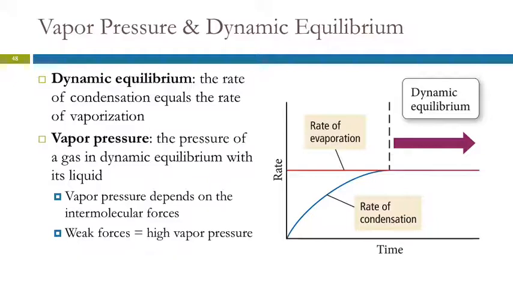Because if the intermolecular forces are weak, then more of those molecules are able to escape under any given set of conditions than if the intermolecular forces are very strong. And so you'll end up with more molecules in the gas state, and so the vapor pressure will be higher. Something with very strong intermolecular forces is going to have a very low vapor pressure. That make sense?